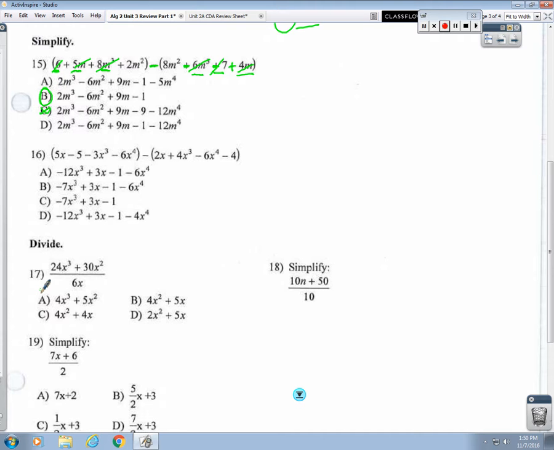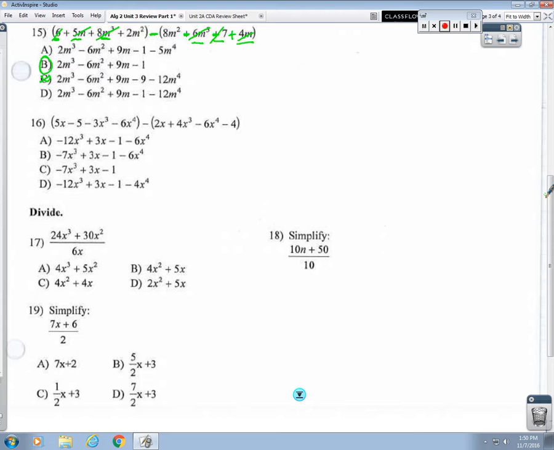Okay, number 16. Same kind of problem. Since it's subtraction, that 2 will become minus, that 4 will become minus, the 6 will become plus, and the 4 will become plus. Alright, now we combine like terms. 5x will combine with the 2x, and you're subtracting 2x from 5x, which is 3x, but that doesn't help us. They all have a 3x.